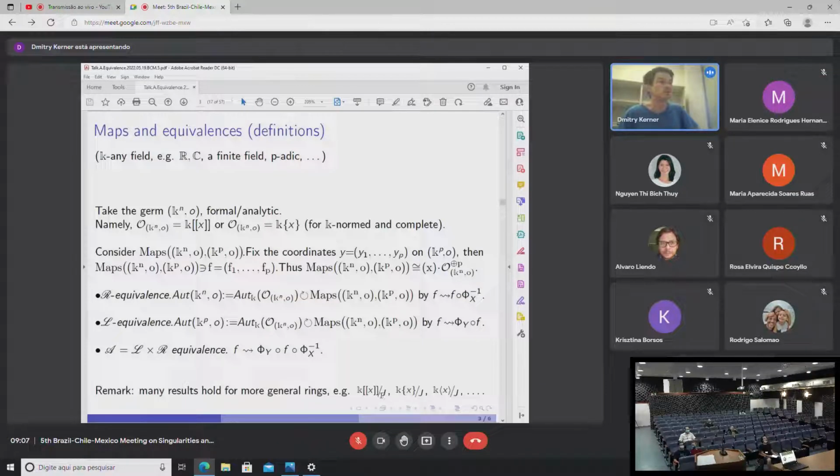It means that we consider maps not from the smooth germ, but from some singular germ. Or we could consider the algebraic power series, the power series that satisfy some polynomial equation, which is especially important in algebraic geometry. Most of the results work for much more general classes.